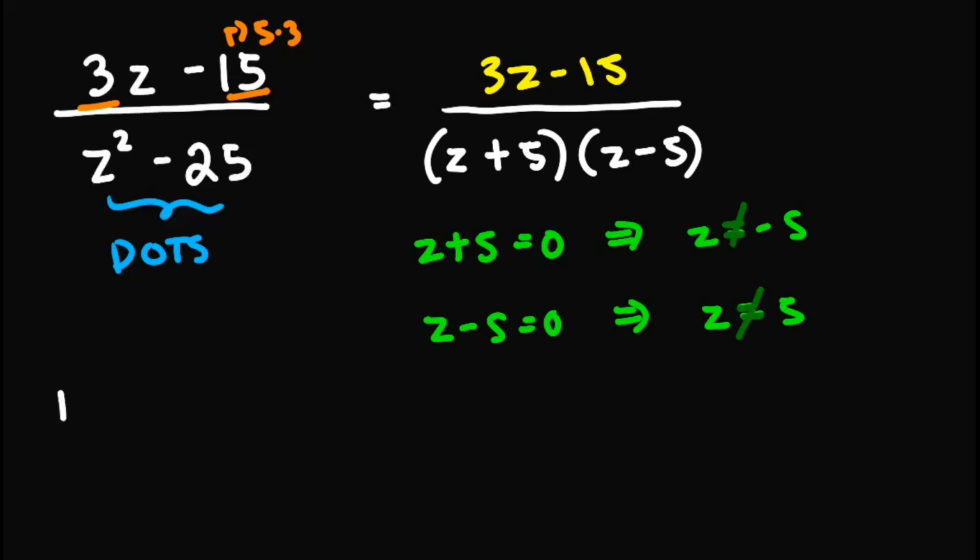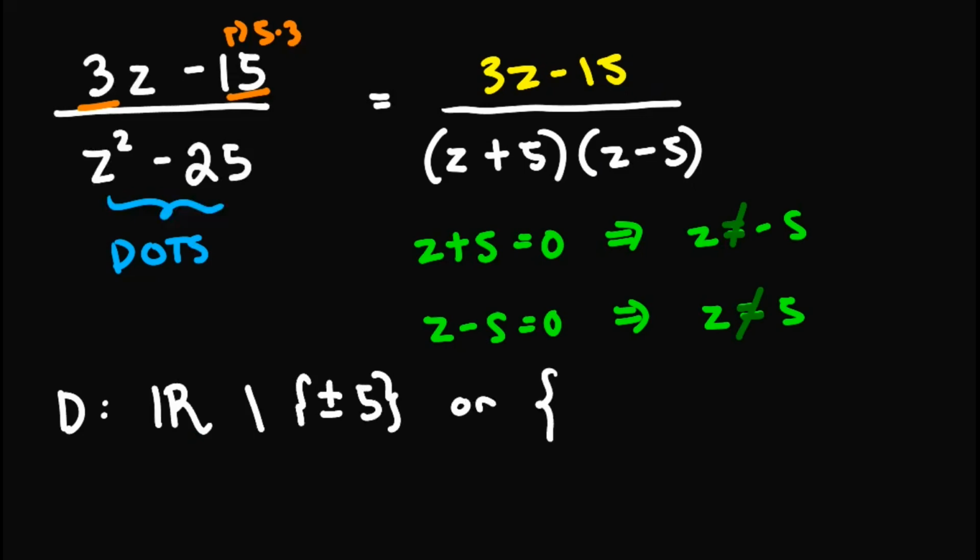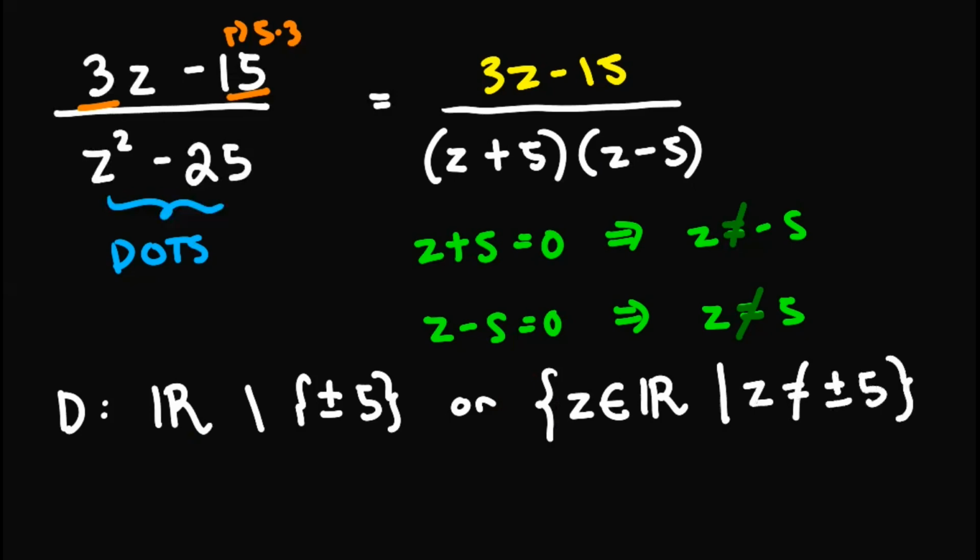So our domain is given by all real numbers except 5 and -5, or we can write it as the set containing all real numbers z such that z is not equal to 5 and -5. That is the answer.